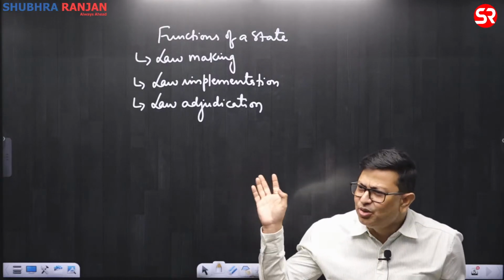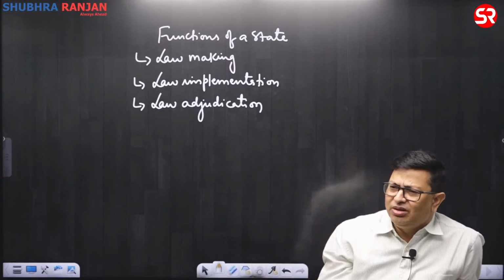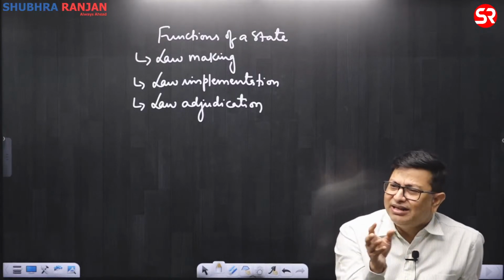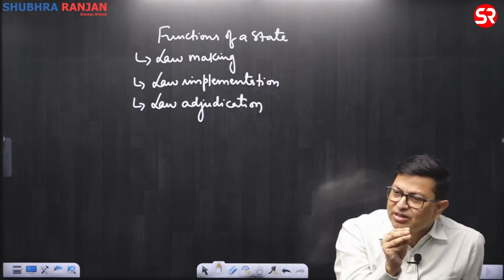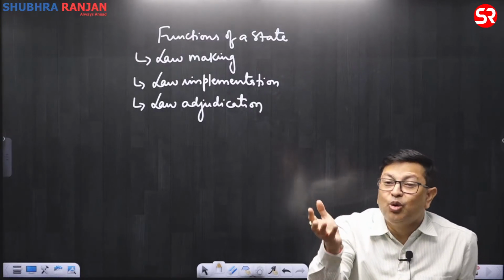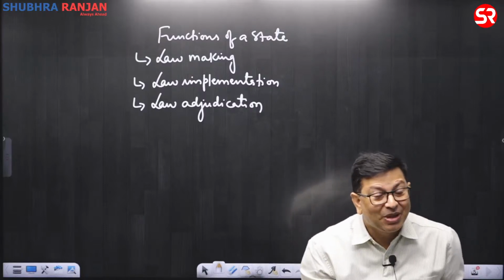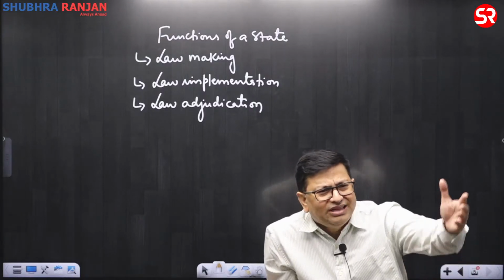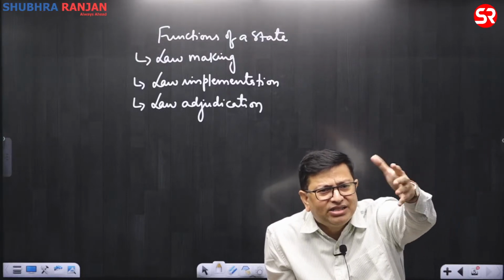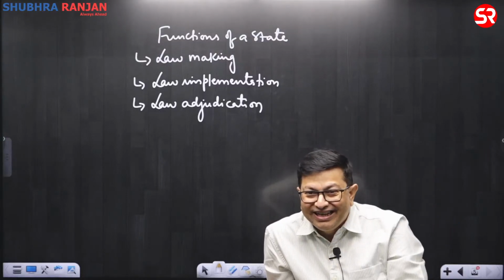And law adjudication. In our country, or in every country, we know that it is the responsibility of the judiciary, meaning courts, to give justice. But outside the country, it is that country that imparts justice to the people, or never imparts justice.